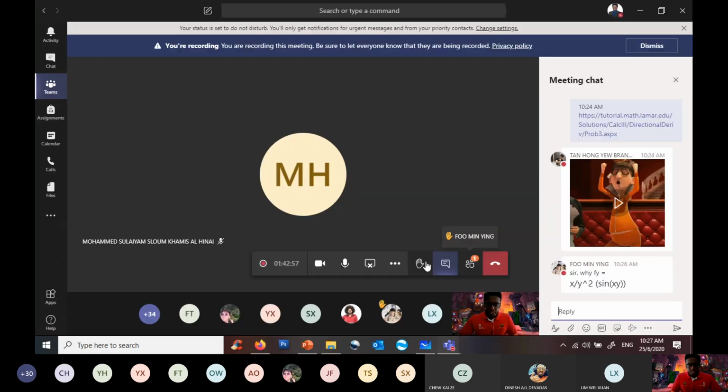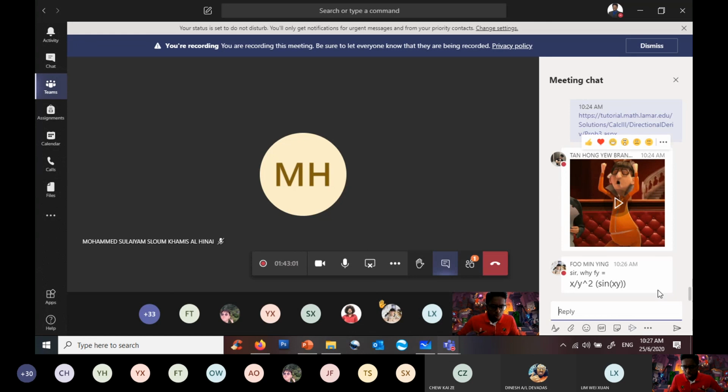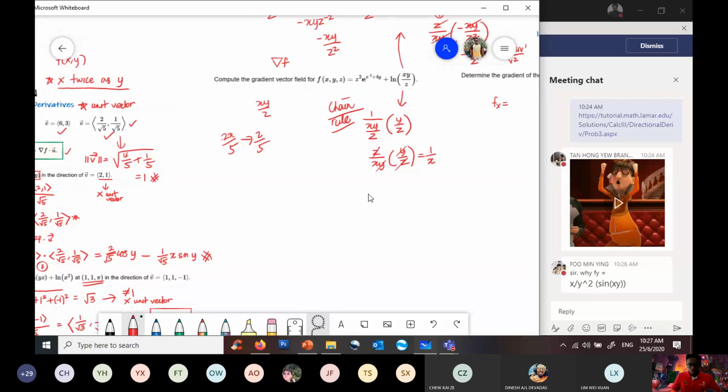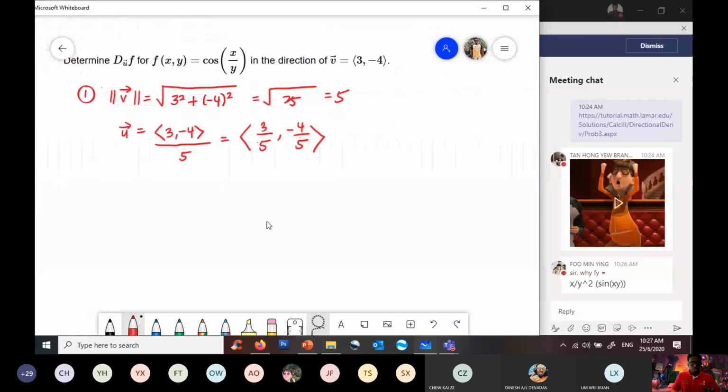Okay, a very quick one just before I end the class, since we have a question here. Why is Fy equal to that? If you differentiate cos, you're going to get a negative sign.